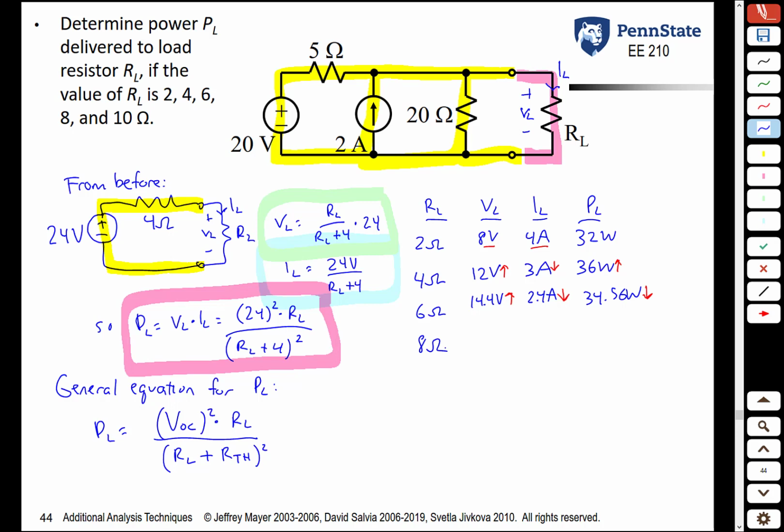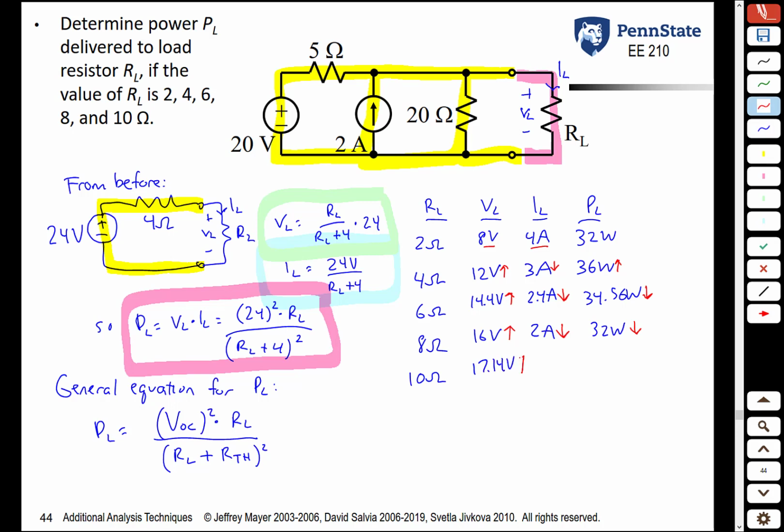When you set RL equal to 8 ohms, the voltage across it is 16 volts, continues to rise. The current through it drops to 2 amps, it continues to drop, and the power absorbed is 16 times 2, or 32 watts. So the power goes down in this case. Final case, when our resistor is 10 ohms, the voltage across it is 17.14 volts.